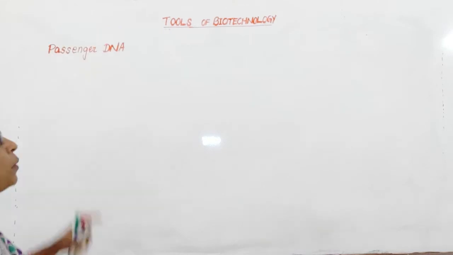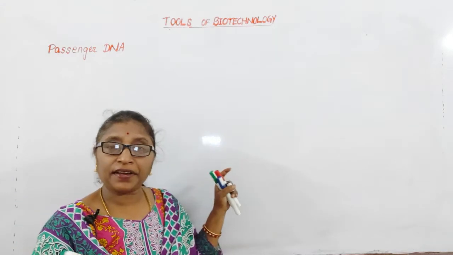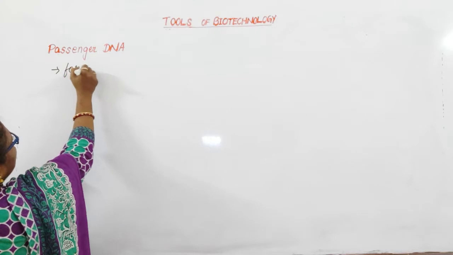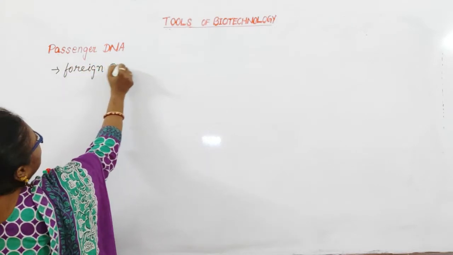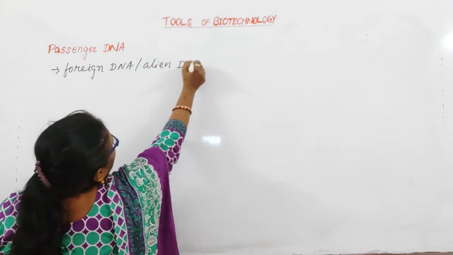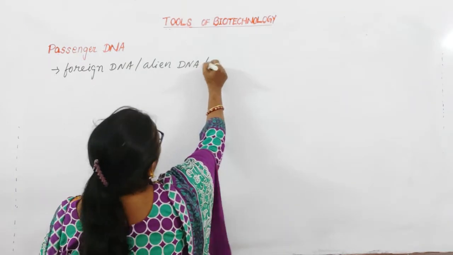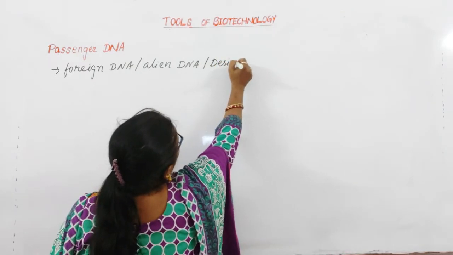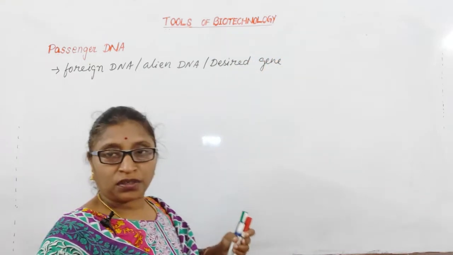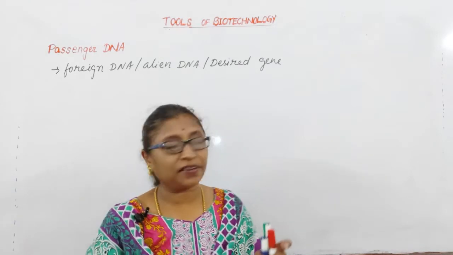Passenger DNA, it is the foreign DNA or alien DNA, or we can say the desired gene. It has to be cloned, it has to be joined, ligated with the vector DNA.